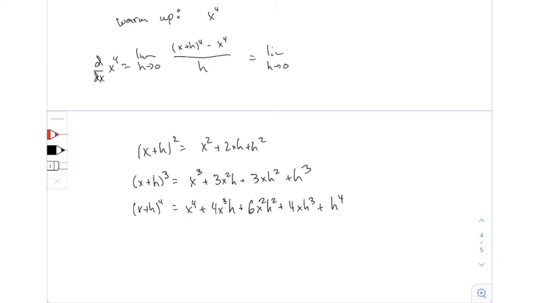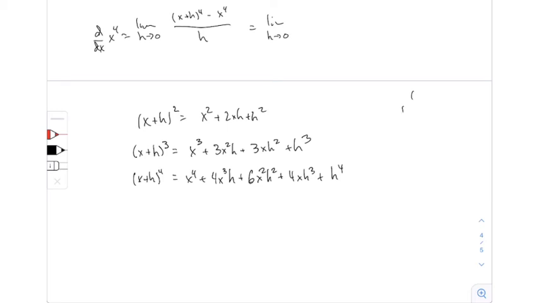These numbers that you get in here are called the binomial coefficients. For the third power, you get a 1, a 3, a 3, a 1, and for the fourth power, you get a 1, a 4, a 6, a 4, a 1. You can get these numbers from what's called Pascal's triangle.